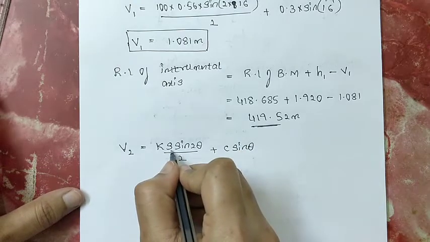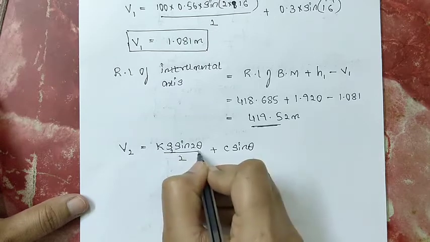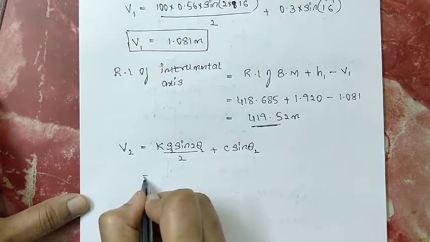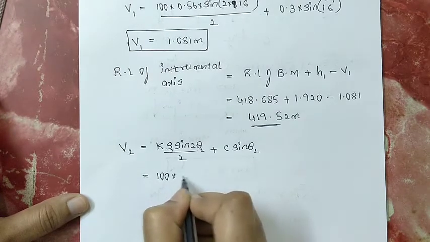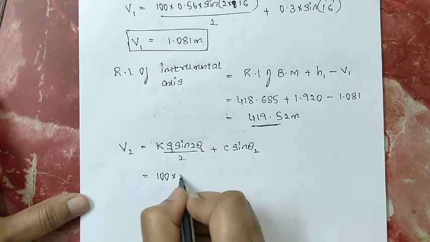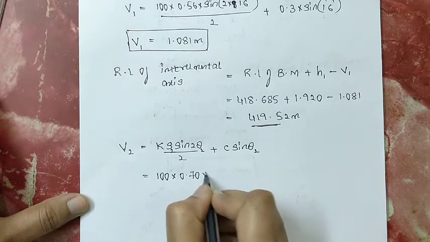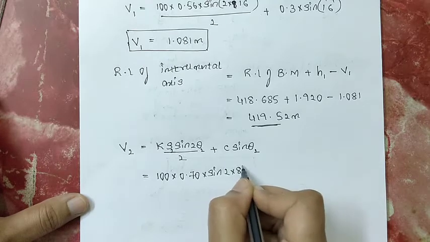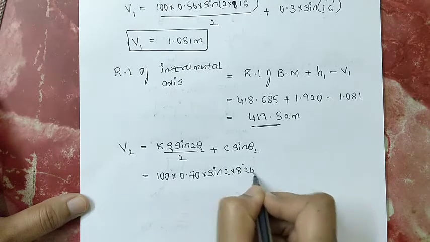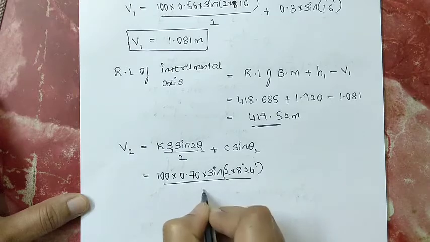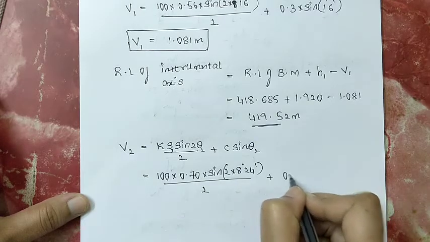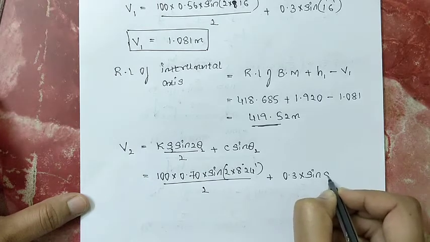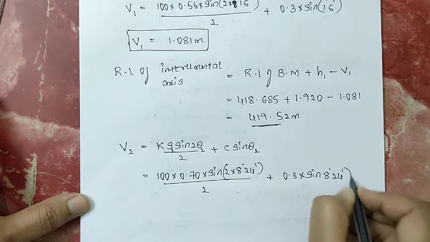This is the second observation taken on the staff at station B, so I will use theta for the observation. Substitute the values: 100 into S2 value, 0.70, into sine of 2 into 8 degree 24 minutes, divided by 2, plus C value 0.3 multiplied by sine of 8 degree 24 minutes.